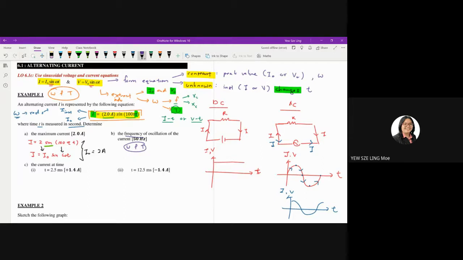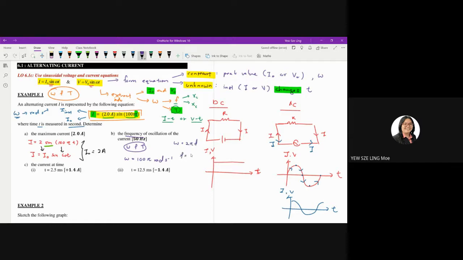From this equation, the value that we can obtain is omega equals 100 pi radian per second. From here, we can then calculate the frequency. So omega is equal to 2 pi f.